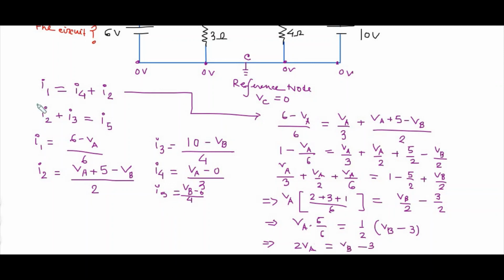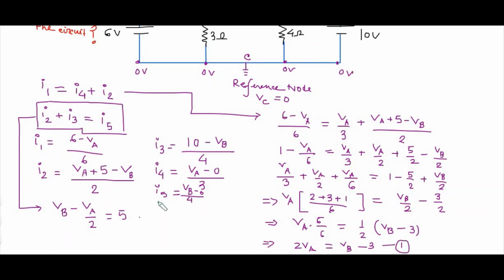And similarly, from the second equation, I2 plus I3 equal to I5, if you plug in all the corresponding values of I2, I3 and I5 and solve, you'll get VB minus VA upon 2 equal to 5. Now let's focus on these two equations.